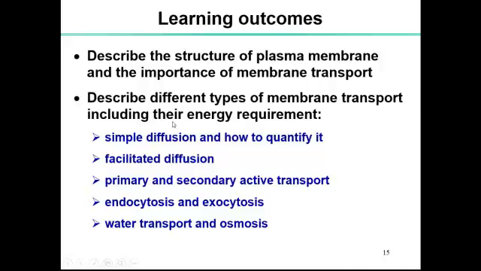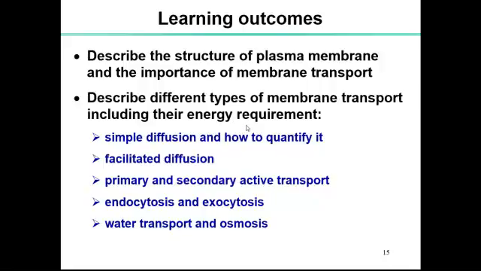And we talked about the different types of membrane transport. We started with simple diffusion and how to quantify this. We will not examine you on how to calculate this, but you should be able to recognize which factors would make the diffusion easier and which would make it slower.